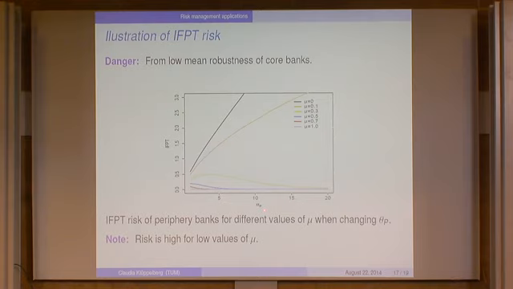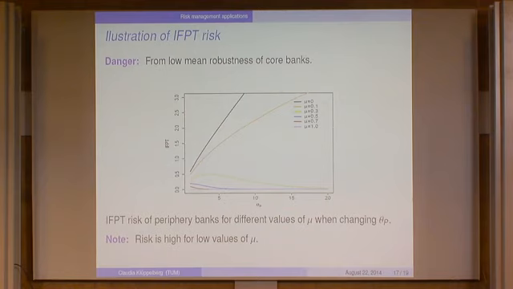On this axis, you have theta p, which gives you a measure of how much a periphery bank invests into the interbank market. Going like this means they invest more into the interbank market, meaning they get closer to the mean robustness of a core bank.